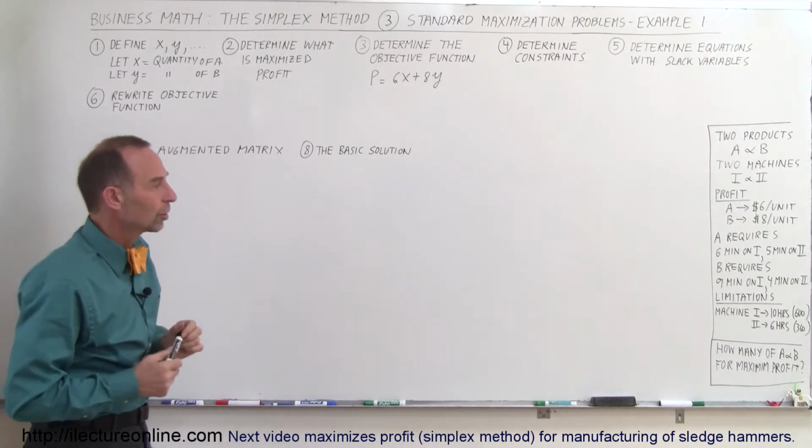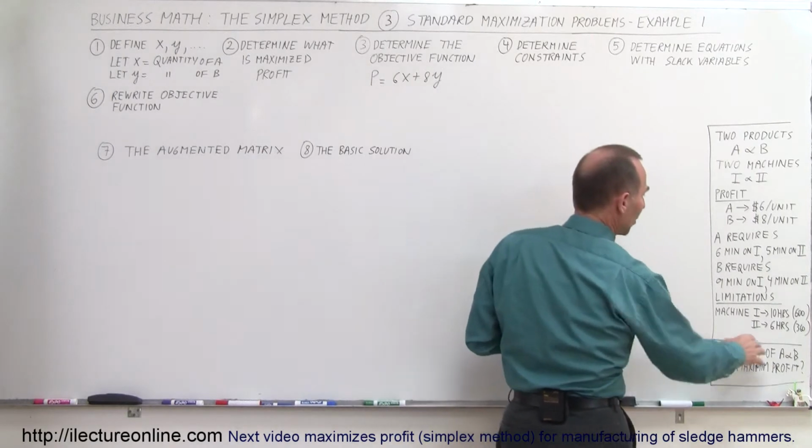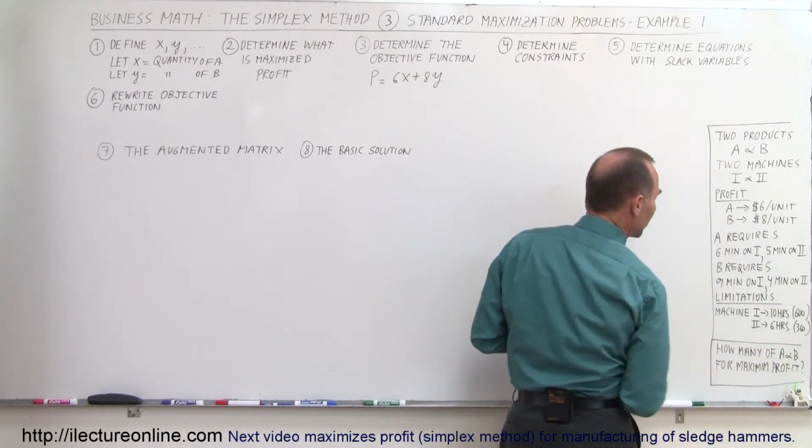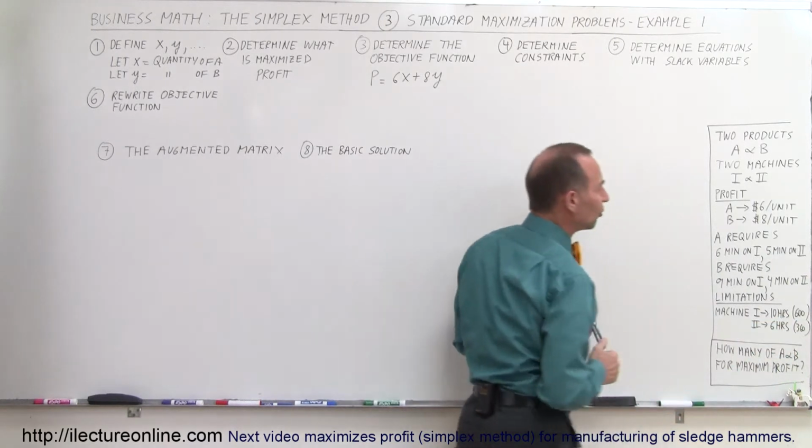Now we need to determine the constraints. So we can see here that we have a maximum of 10 hours or 600 minutes on machine 1 and 6 hours or 360 minutes on machine 2.